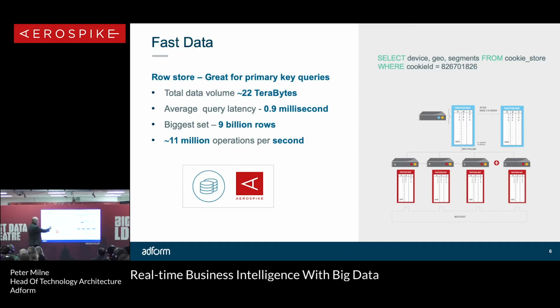Our biggest set is about 9 billion rows, which are 9 billion cookies or user profiles on all of you guys and me and everybody else we can find in the world, advertising profiles. And we do about 11 million operations per second.